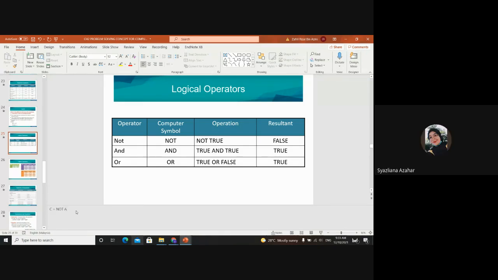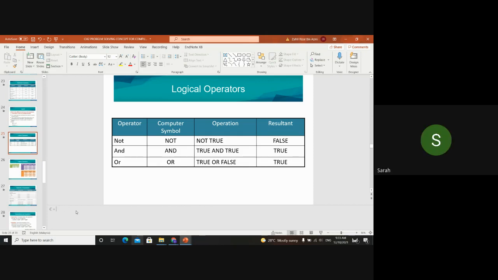A is true, so C equal to false. So A is true, so NOT true is false. Understand or not?